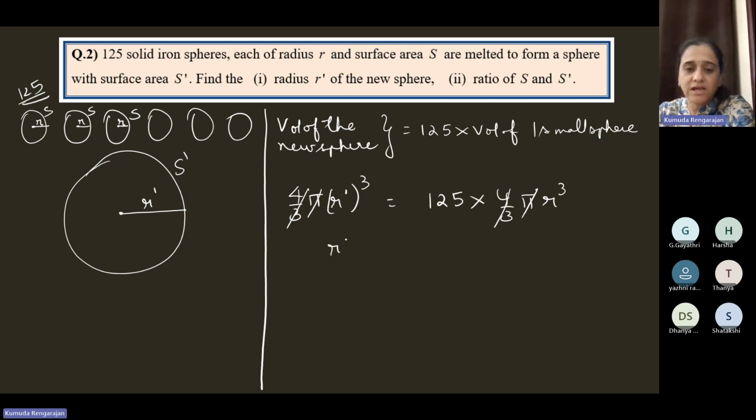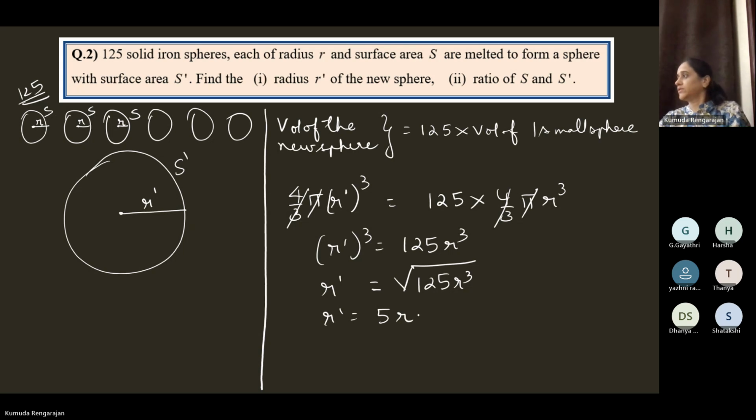So we have r dash cubed is equal to 125 r cubed. So r dash is equal to the cube root of 125 r cubed, so r dash is equal to 5r. You cannot find a numerical value like 10 or 20 centimeters because you don't know the radius of the original small sphere.